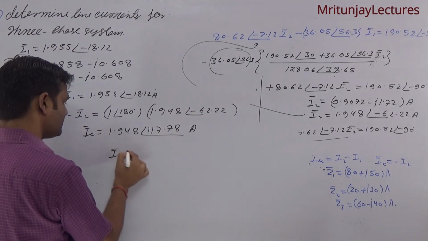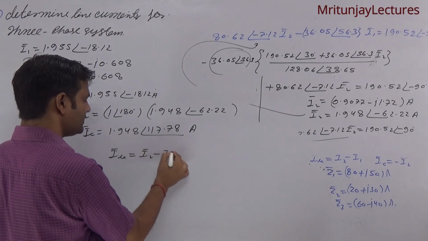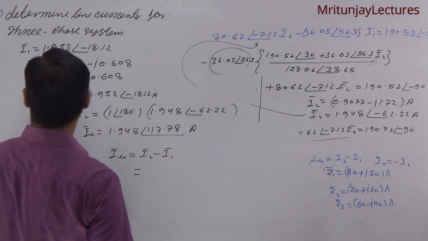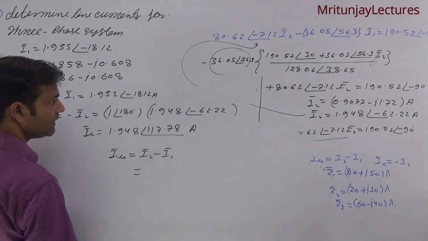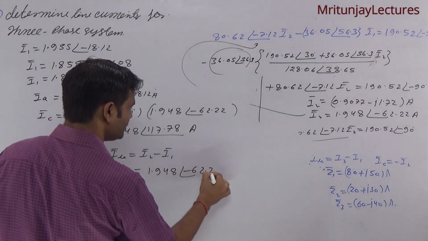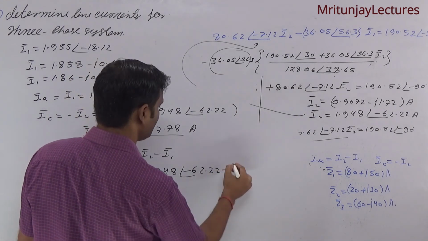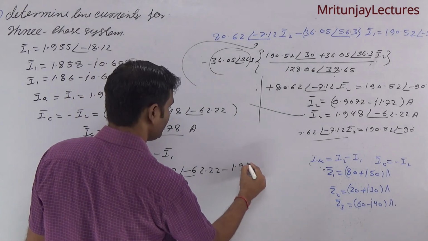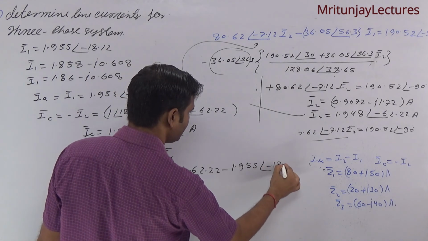So IB is equal to I2 minus I1. I2 is 1.948 at the angle minus 62.22, and I1 is 1.955 at the angle minus 18.22.